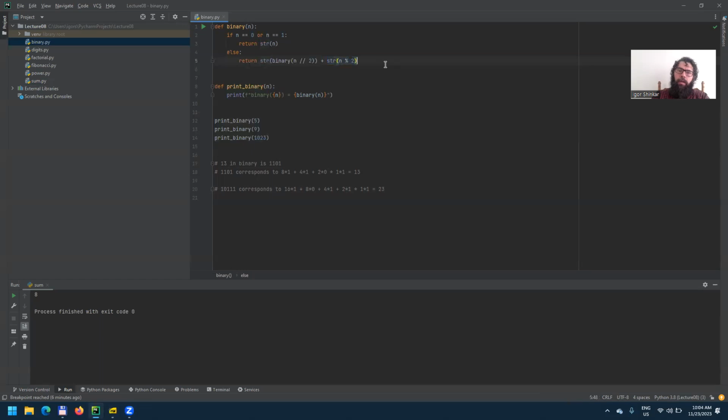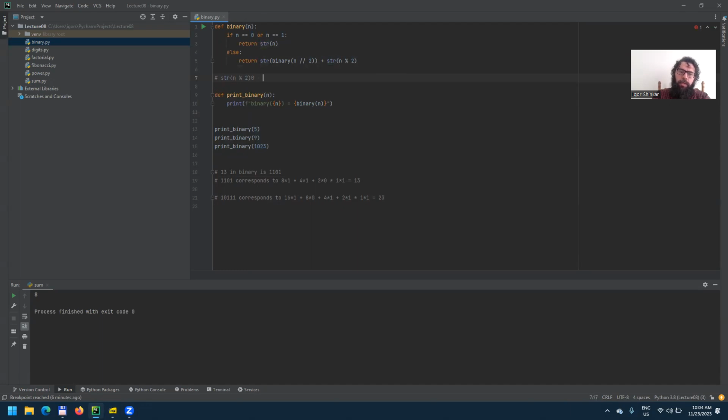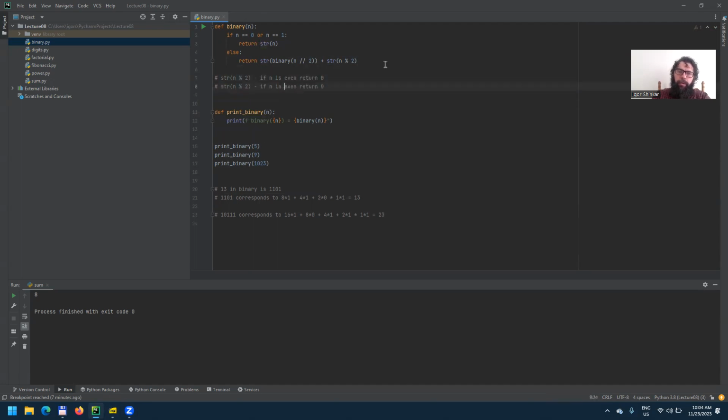So here's what it means. If n is even, it returns 0. If n is odd, it returns 1. And otherwise, we divide by 2.